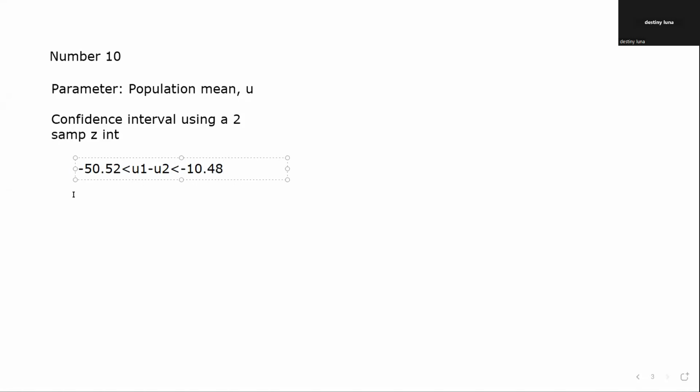Okay, that's my interval. My mean difference is basically 51 points under to 10 points under.